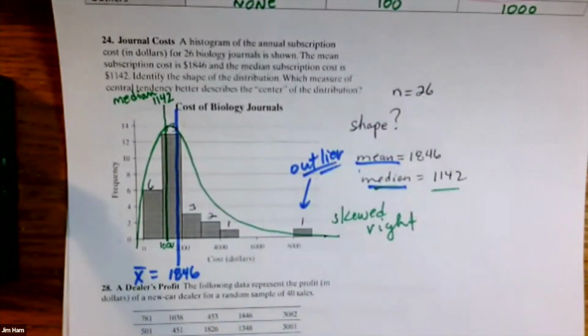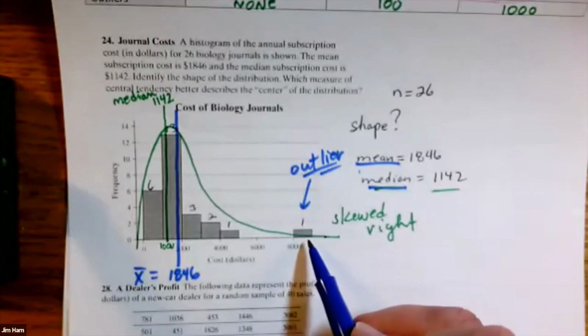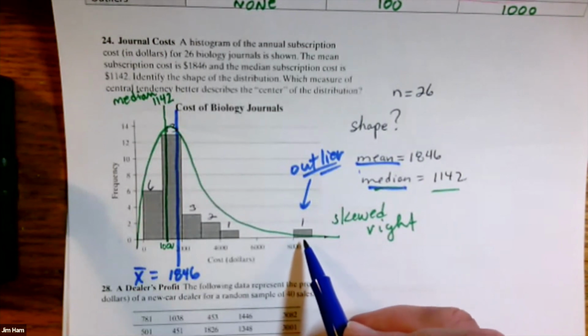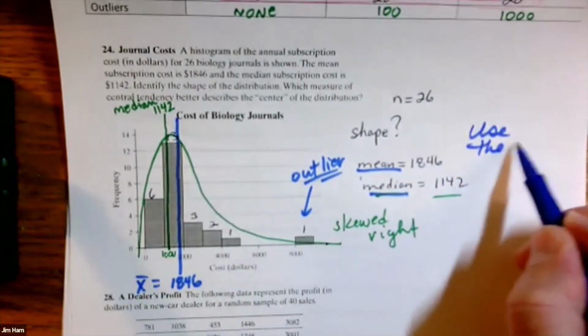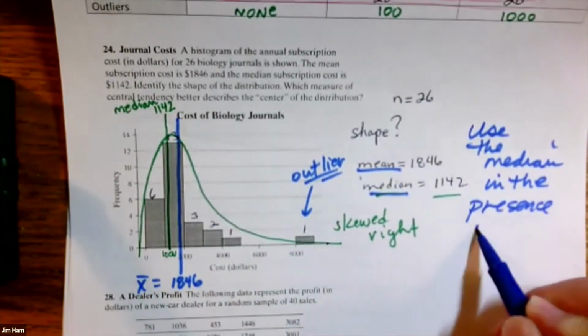I'm not sure which biology journal that is, but it looks like it costs over $8,000 a year. I don't know if these can be yearly costs. It's much too expensive. But when you have an outlier like this, probably the best measure to use is the median, because the mean is really going to be swayed toward the tail. So use the median in the presence of outliers.